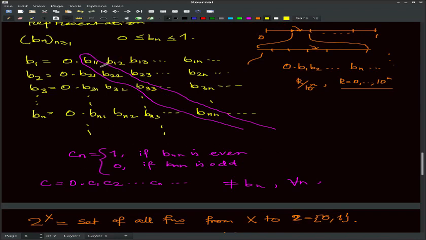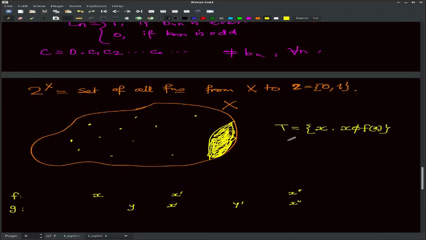Here your points were the first place, second place, third place, and so on. So here you're taking all those integers, all those places, and C is this function such that n is not in Cn. So exactly this is the same. You're using this even and odd to make this distinction. So you're using this same story over here.